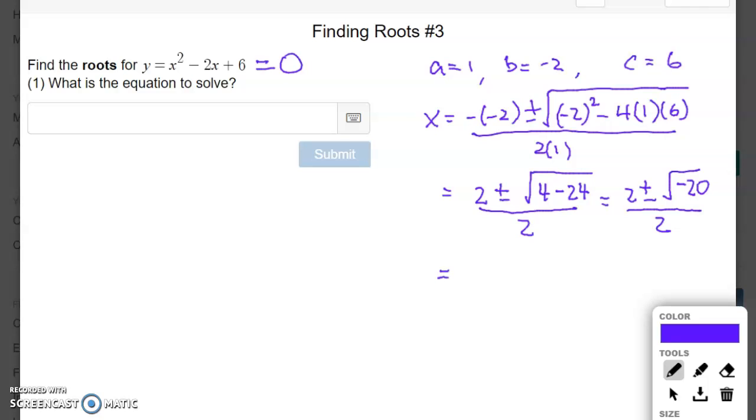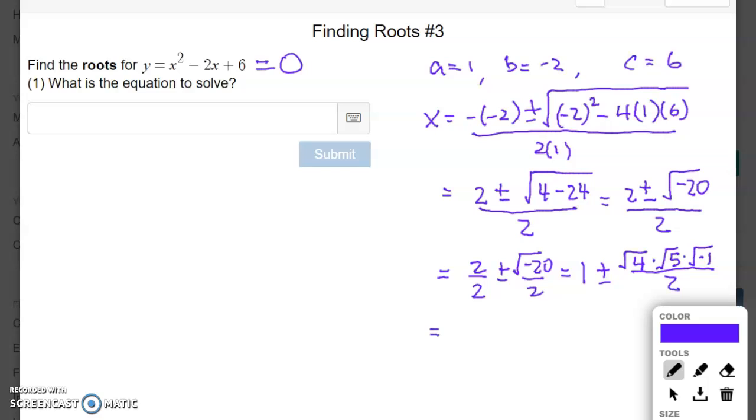I can break the fraction as 2 over 2, and then plus or minus the square root of negative 20 over 2, like so. And 2 divided by 2 is just 1. So what is the square root of negative 20? I can break that up as 4 times 5 times negative 1, all over 2.